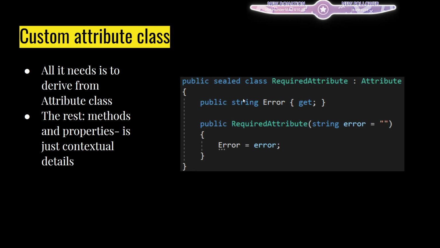And how does it look like? Here I defined my own custom attribute. All I had to do is to derive from the attribute class. That's it. Specify what it targets and derive from the attribute class.